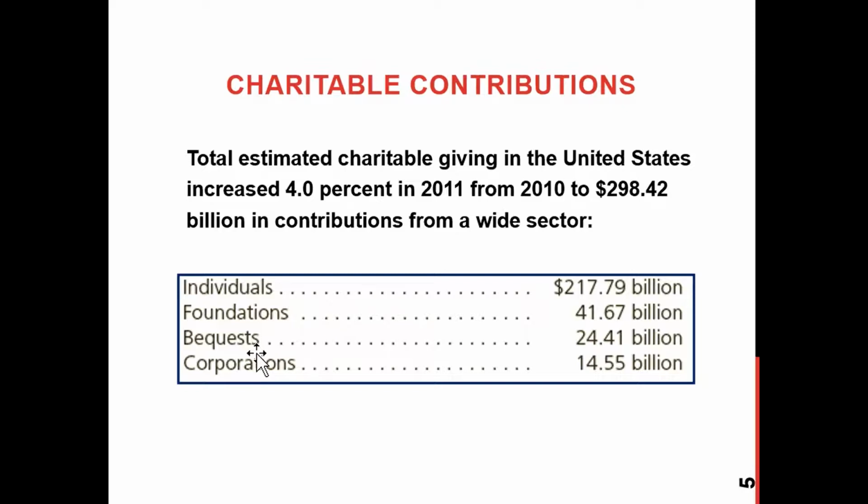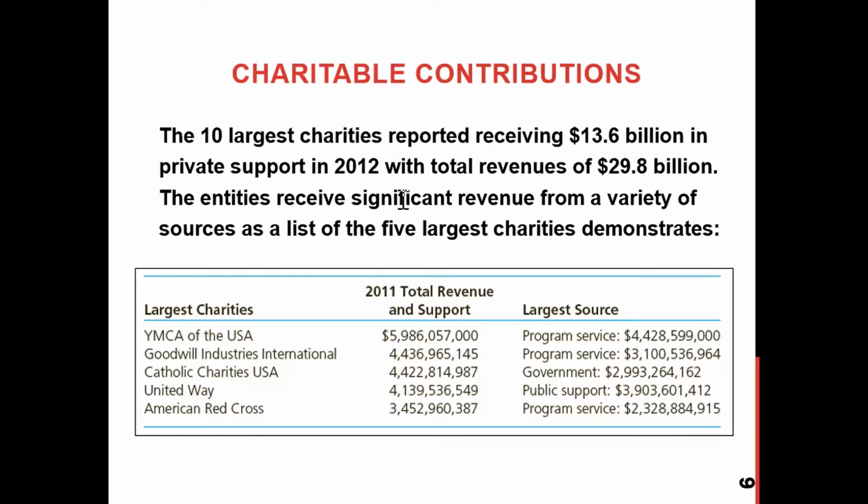So again, you see here, it's a little bit old information, but it says that from 2010 to 2011, this charitable amount actually increased by 4%. And here you will also see the US 10 largest charity organizations, and YMCA is here in terms of their revenue. It's the largest one, and they have different sources.